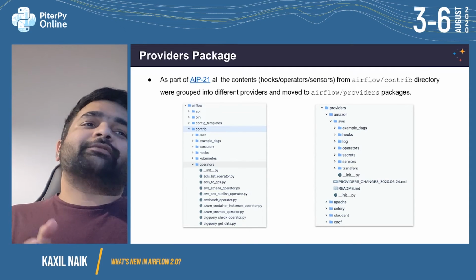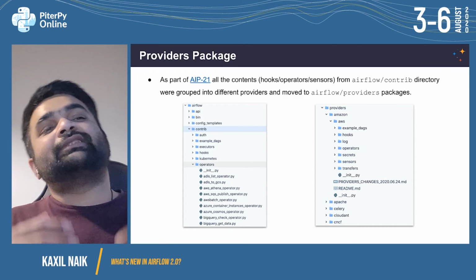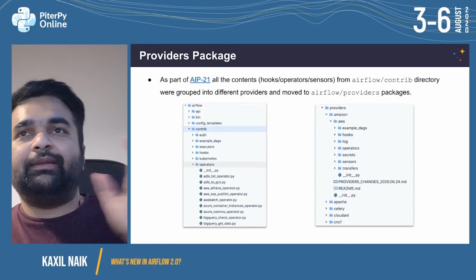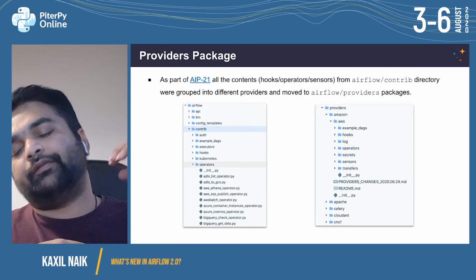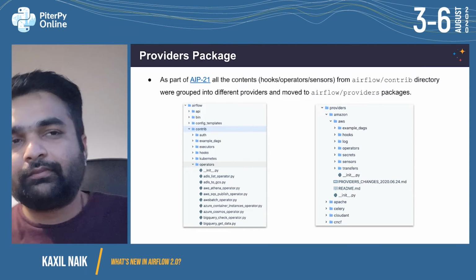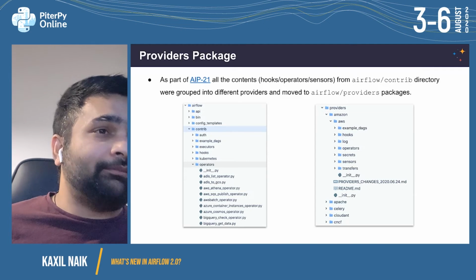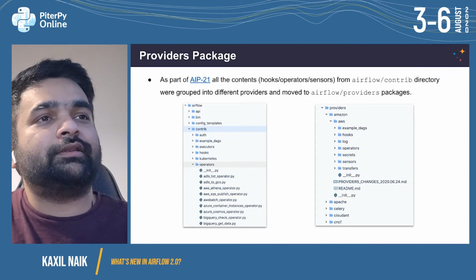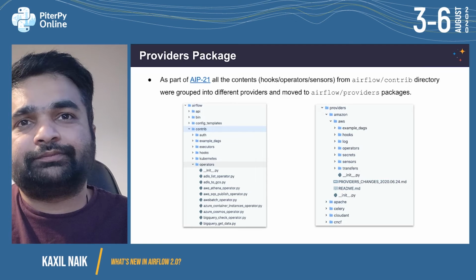Grouping them allows us, in future, to separate all these providers into separate repos. Each of them can have their own maintainers and can be released separately. So that was one of the main motivations to group them and move them into a providers package.